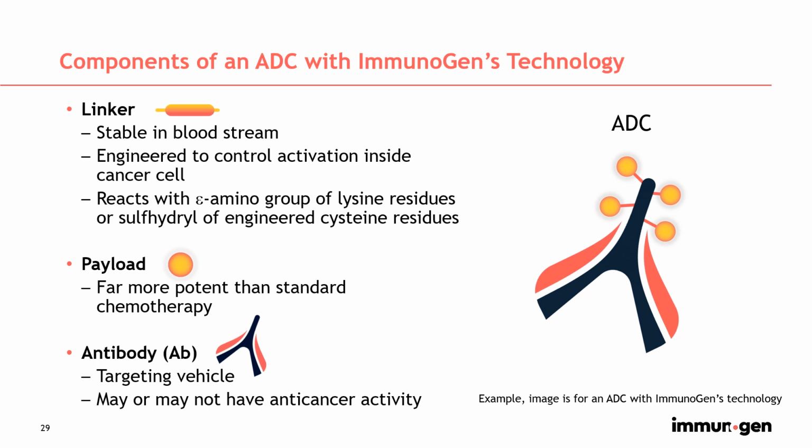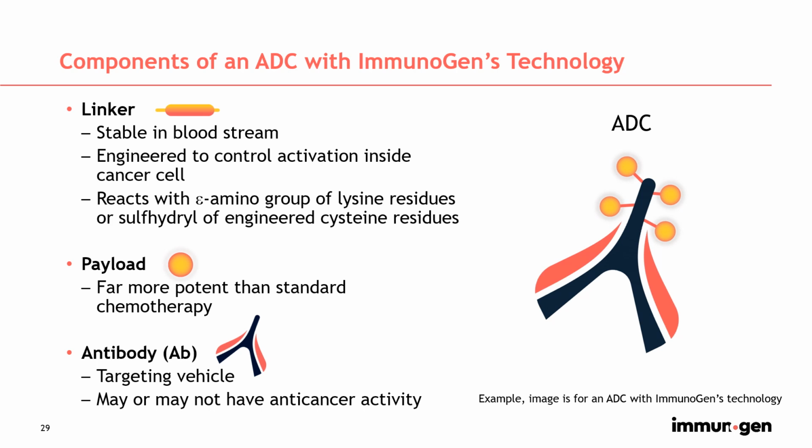The payloads used in ADCs are orders of magnitude more potent than those delivered by conventional chemotherapy, and so must be securely conveyed to the cancer cell in order to minimize the systemic side effects. The third component, the linker, is the one that attaches these payloads to the antibody, and these linkers are engineered for stability in the bloodstream, but at the same time must allow controlled activation and release of the payload following uptake by the cancer cell.